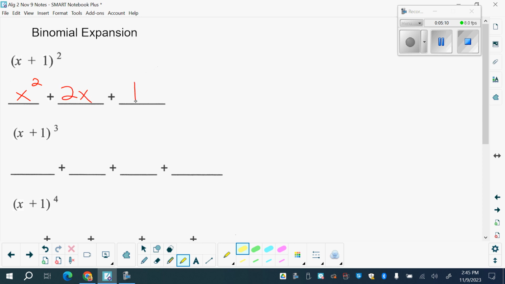So I'm just going to tell you what that is. What is the exponent on the x assumed to be? A 1. What's the coefficient on the x squared assumed to be? 1. So we're going to look at those coefficients.